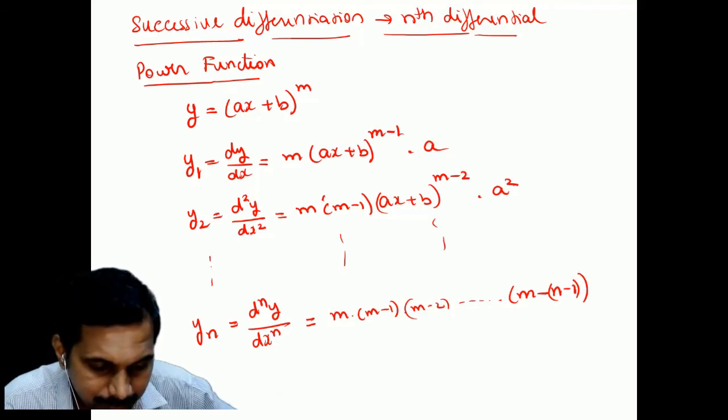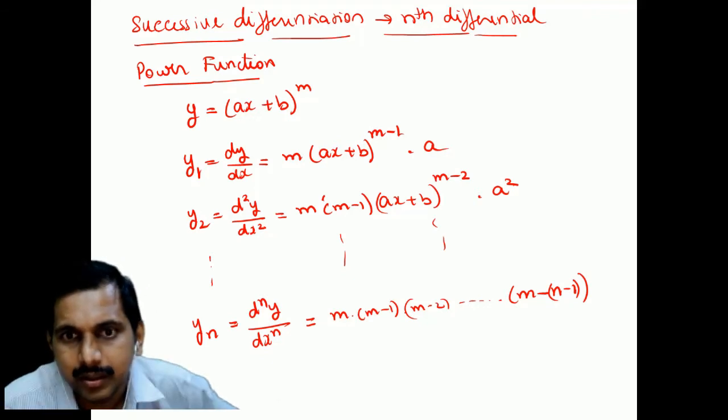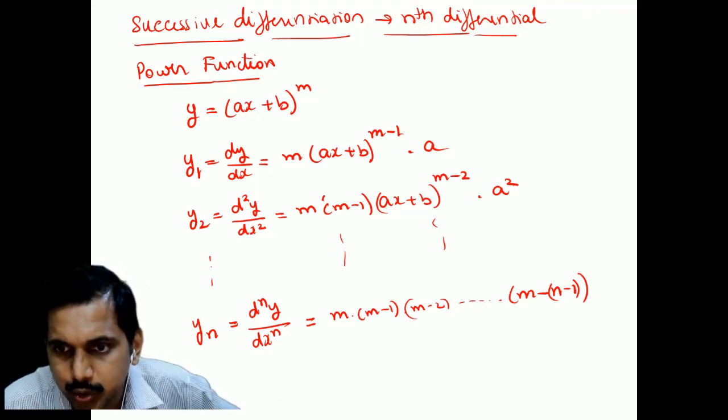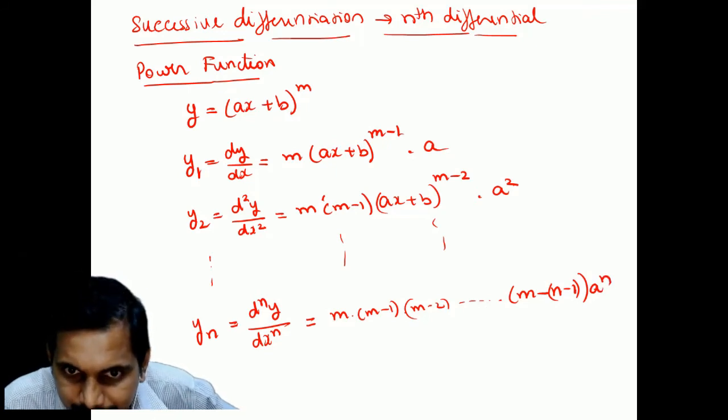First differentiation you got a, second differentiation a square, so nth differentiation you will get a power n. And then this one, what is that?